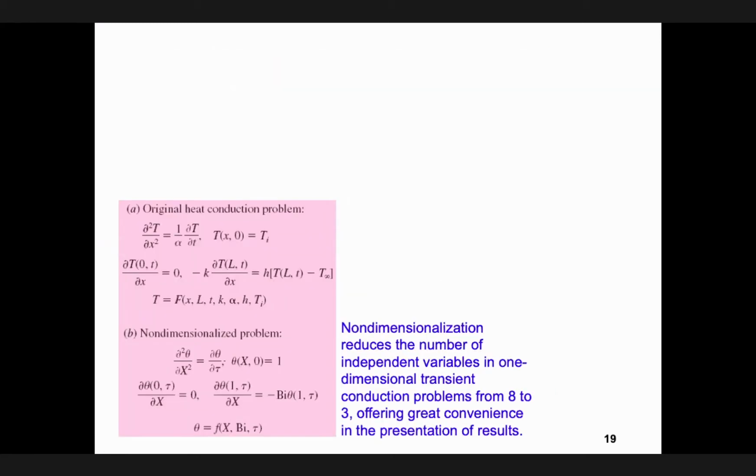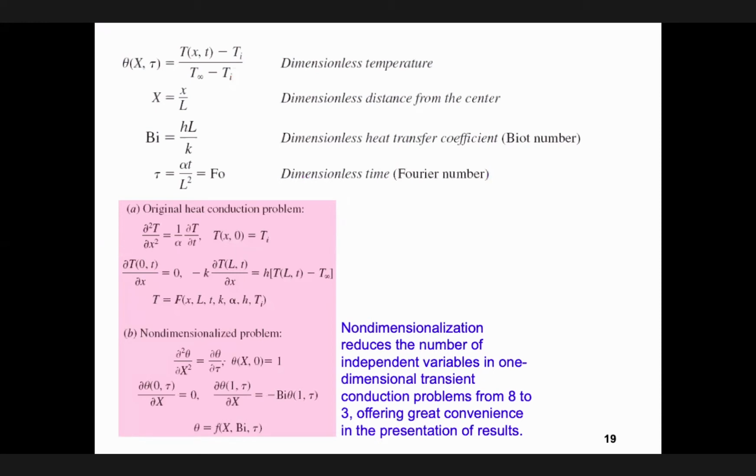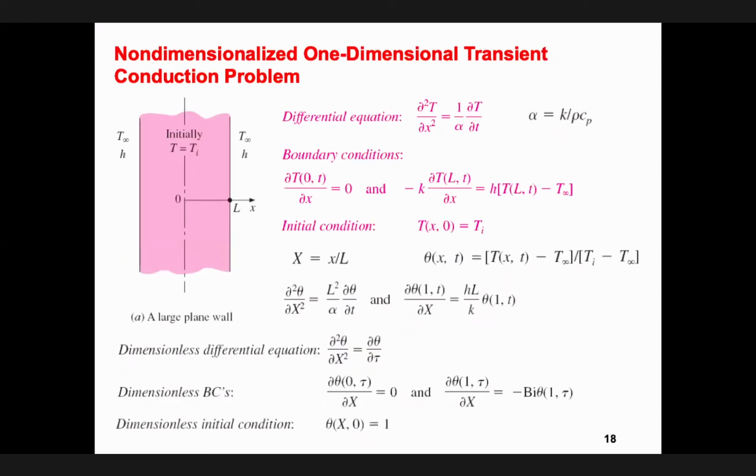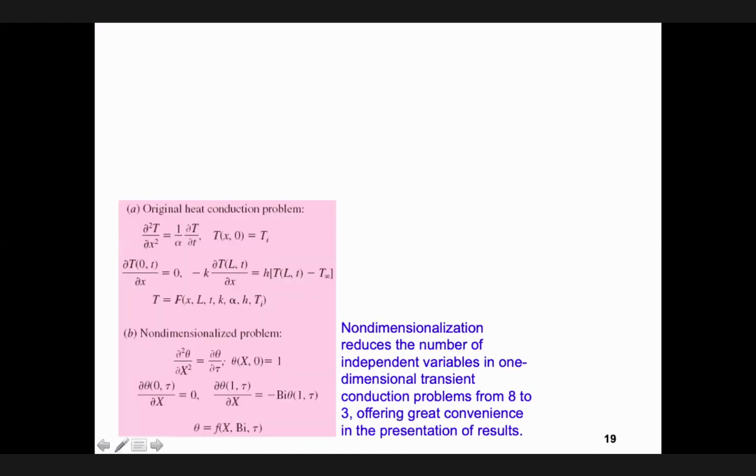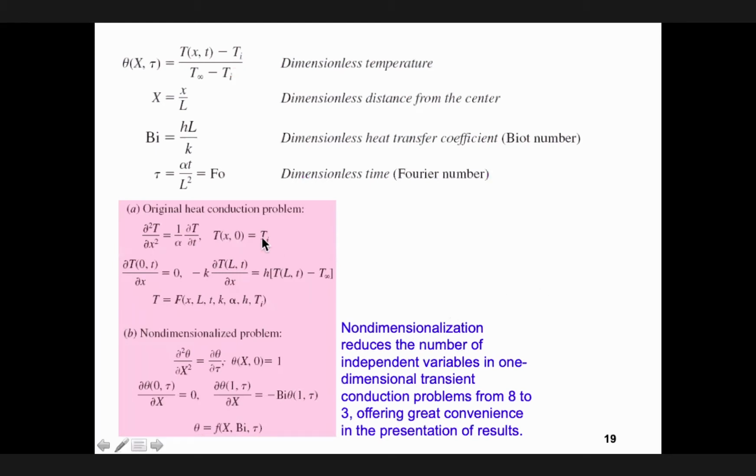When you non-dimensionalize the terms here, you can see some terms appear. One of them is the Biot number that we discussed before, and another term we call the Fourier number. These are dimensionless heat transfer coefficients here and here.